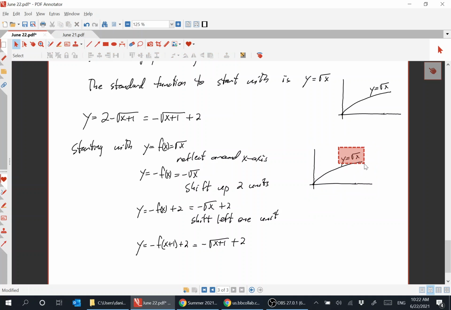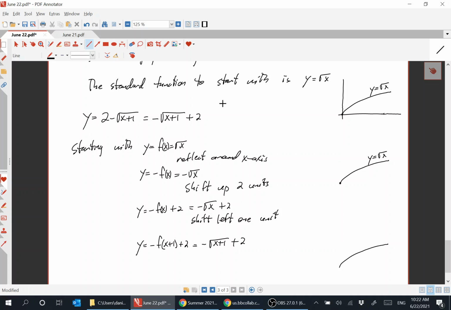Okay, so here is y equals square root x. I guess I need a full set of x and y axes here.